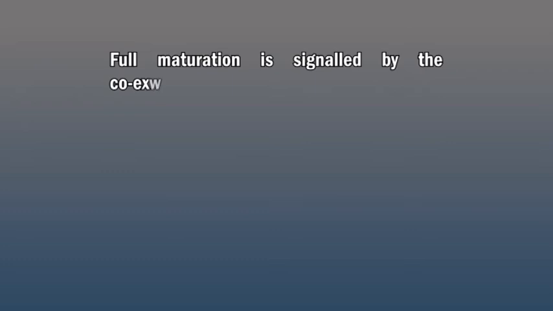Immature B cells express membrane IgM on the cell surface. The bone marrow phase of B cell development culminates in the production of an IgM-bearing immature B cell. At this stage of development, the B cell is not fully functional. Full maturation is signaled by the co-expression of IgD and IgM on the membrane.